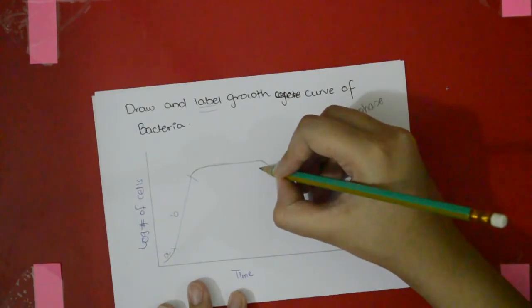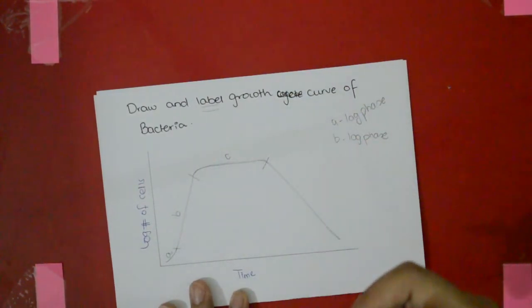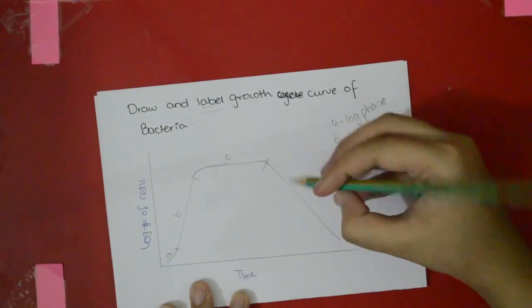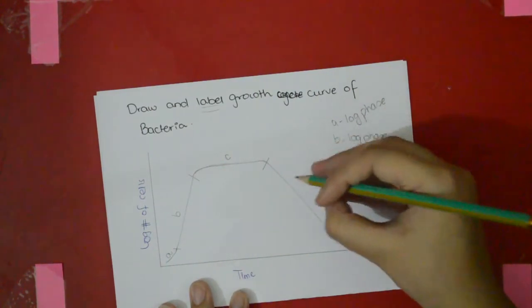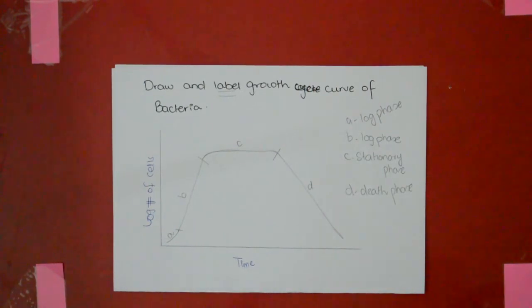Then this part is the stationary phase. And this part over here is the death phase. This is the growth curve of a bacteria.